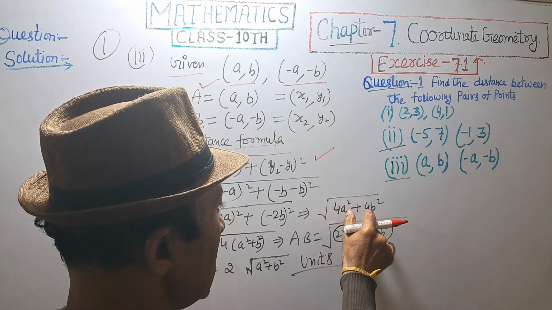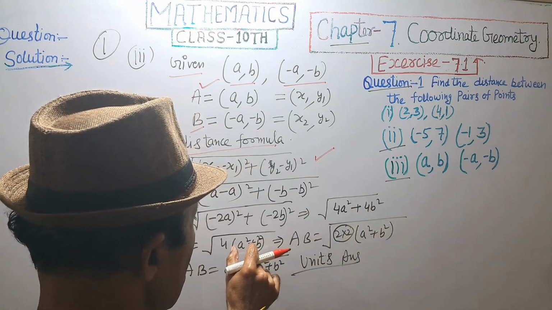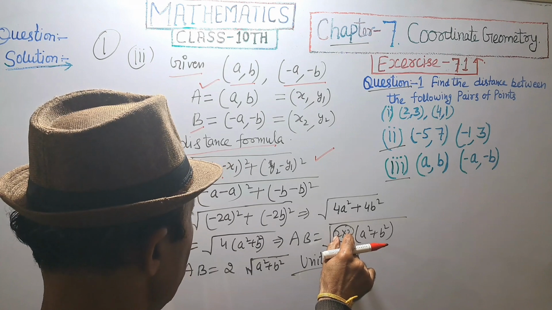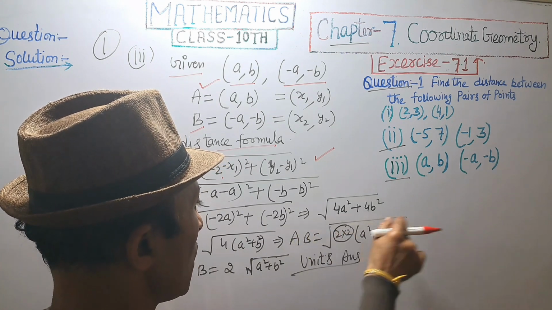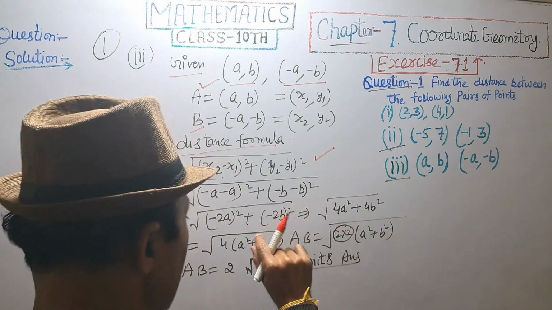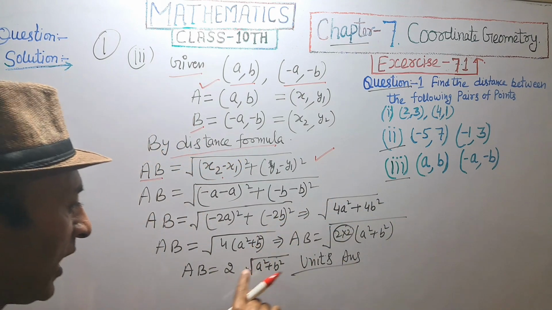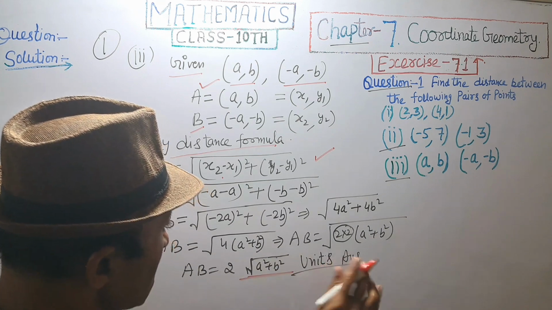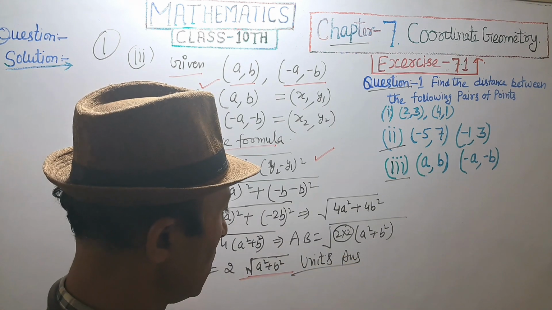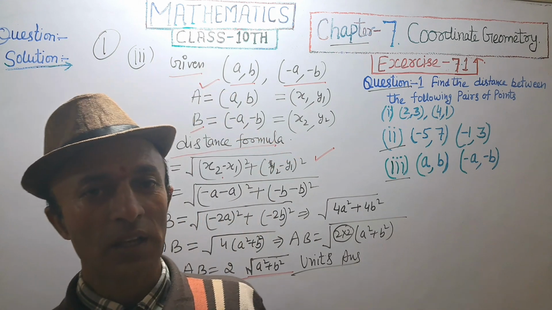Taking 4 common in a square plus b square, the prime factorization of 4 is 2 into 2, so one pair is taken out of the root, and we get 2 into the square root of a square plus b square units. Answer. Thank you so much.